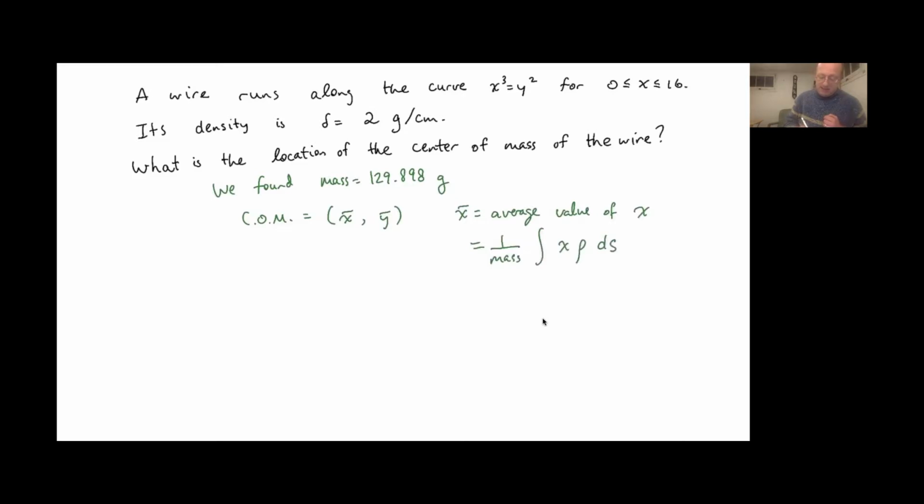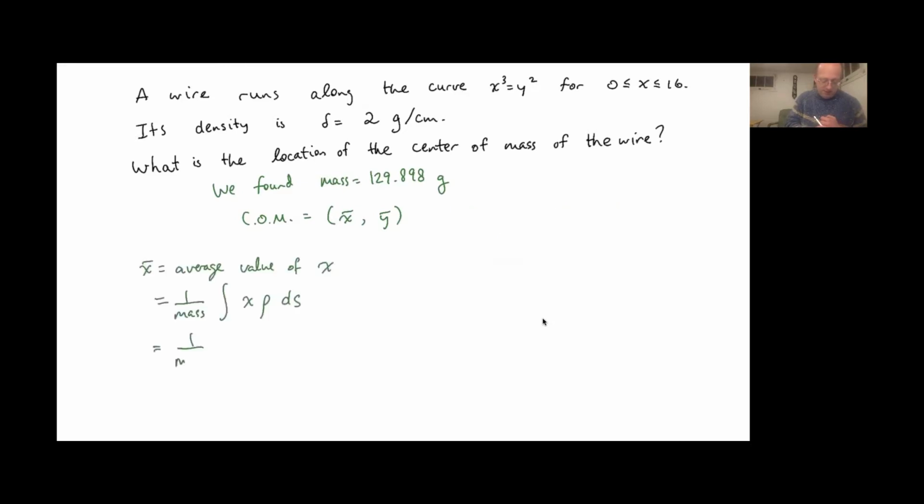If we keep setting that up, 1 over the mass, the mass that we found earlier. This curve is parameterized from t equals 1 to 4. It's parameterized by x equals t squared.